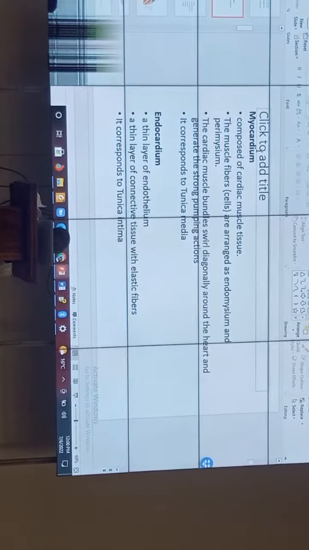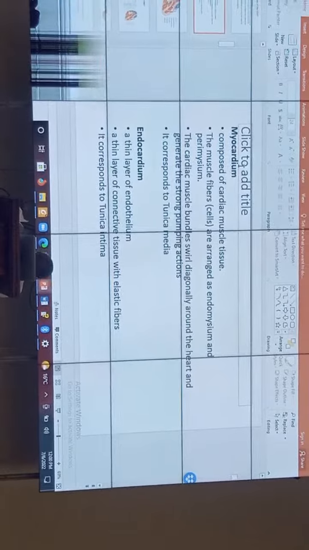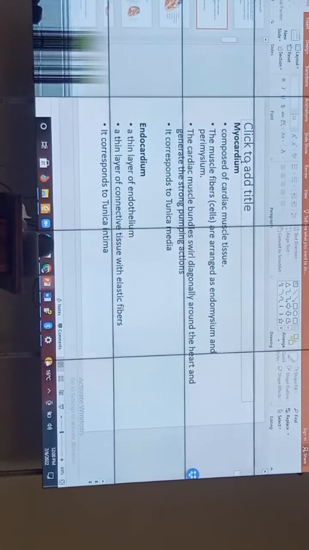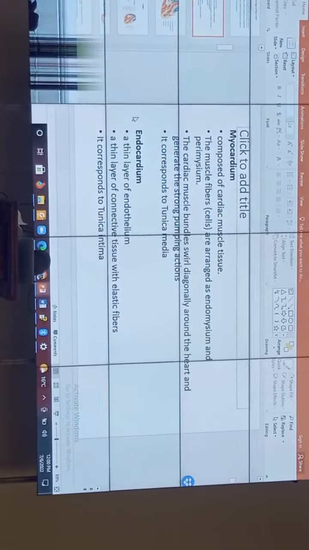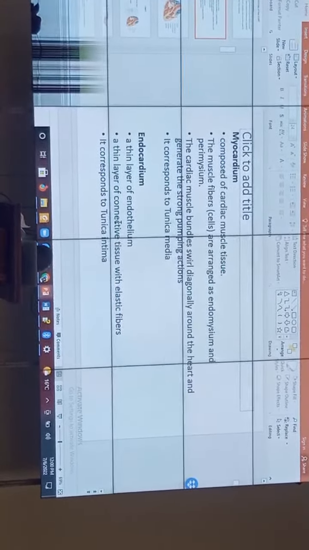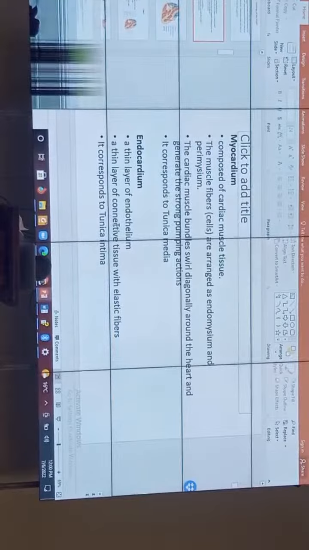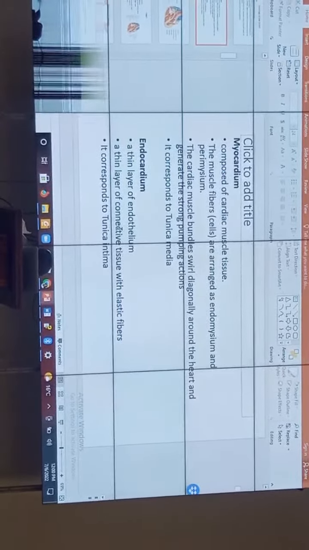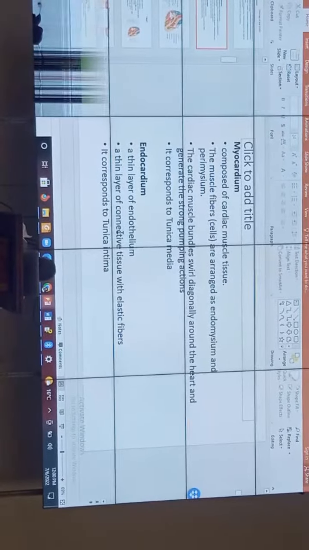So, the endocardium, as the name endo means inside. So the inner layer, which is the endocardium, is actually made up of, one, the endothelium. Remember, all structures of the circulatory system are lined by the endothelium, the heart inclusive. So that endothelial layer is actually part of the endocardium.